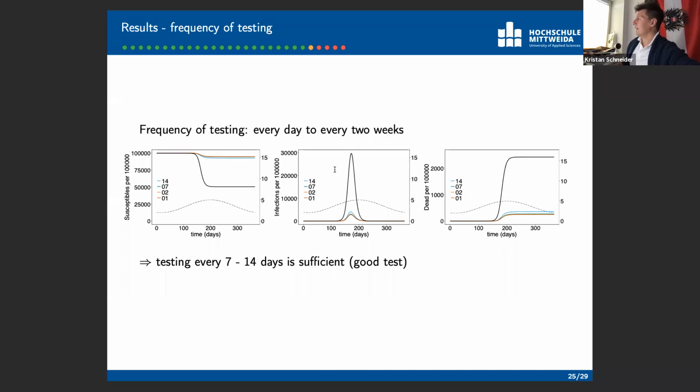You see again, the black line is the comparison without testing. You see the testing intervention does something, and the blue line would be every 2 weeks. The green line, difficult to see now, is every week, and then we have every 2 days and every day. But between once a week or once every day, there's really no substantial difference. So once per week is more than enough. You cannot really see the difference.